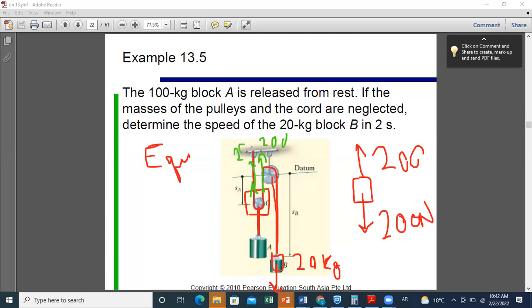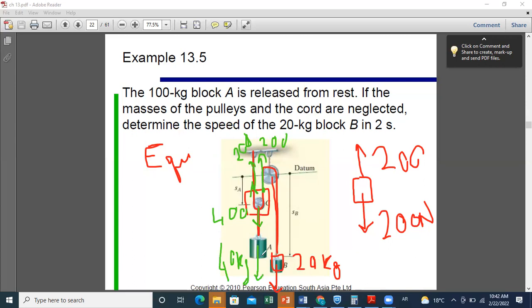So in total, for your pulley to be in equilibrium, this force will be equal to 400. And then for block A to be in equilibrium, what should be the mass? 40. Very good. So if the mass of A is 40 kilogram, for a mass of B equal to 20, I have equilibrium.